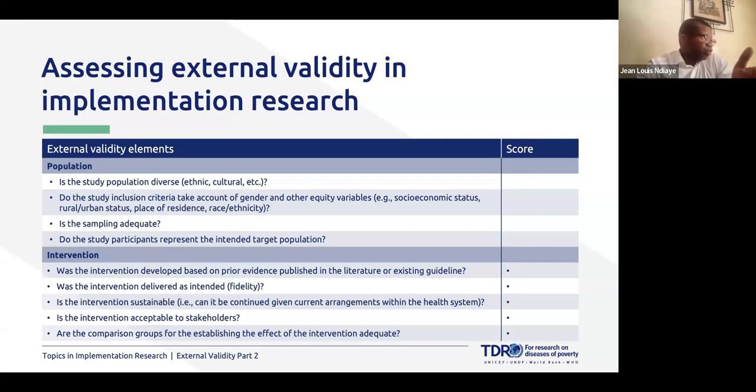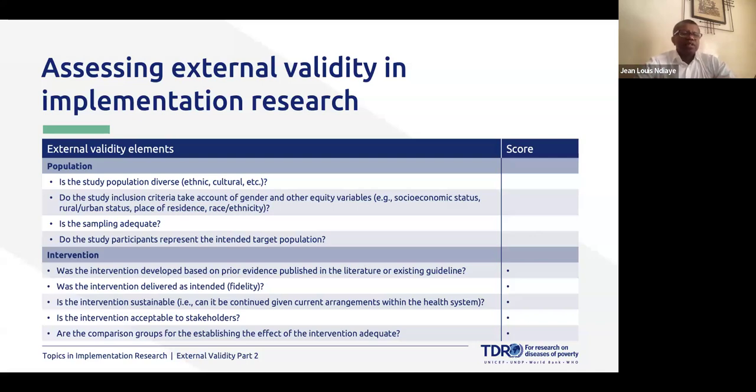Are they in a rural, urban or peri-urban area, the place of residence, the race or ethnicity? Is the sampling adequate? Is how we sample the population representative enough? Or does the study participant group represent the intended target population? So these are the questions that could be used in that grid to assess the population.